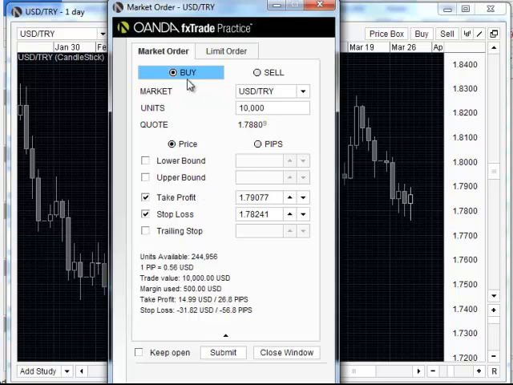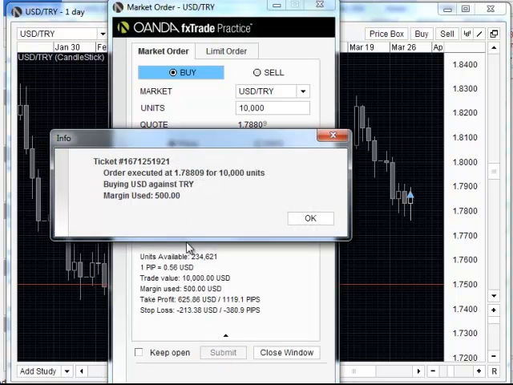So let's go back here to buy, and I'm going to change this back again to 1.90, just so you can see what happens after you submit the trade. Stop loss 1.75. So after you submit the trade and you are comfortable with the risk that you are taking, you can open the trade and you can see that the order was executed at 1.7880.